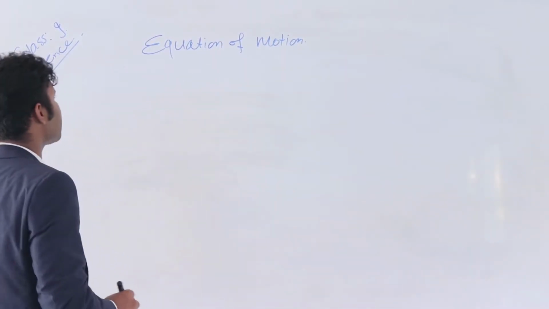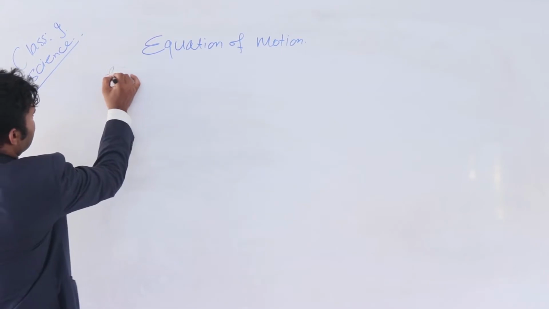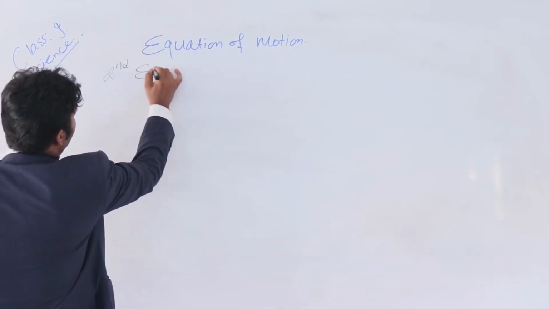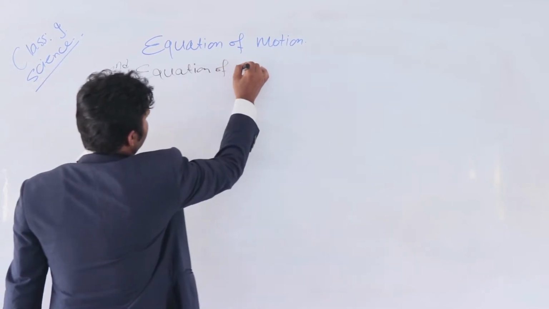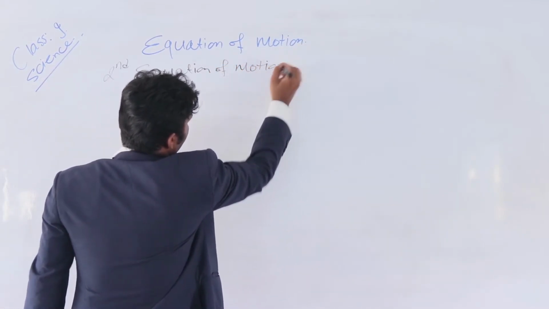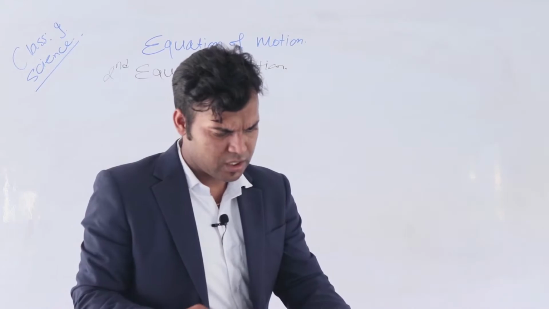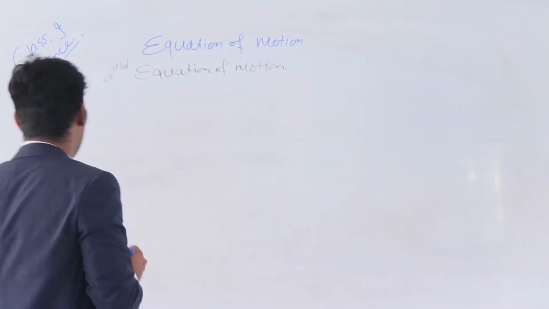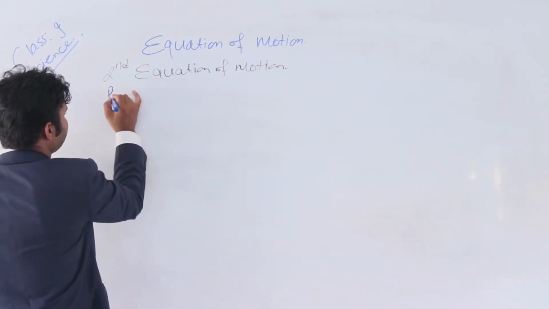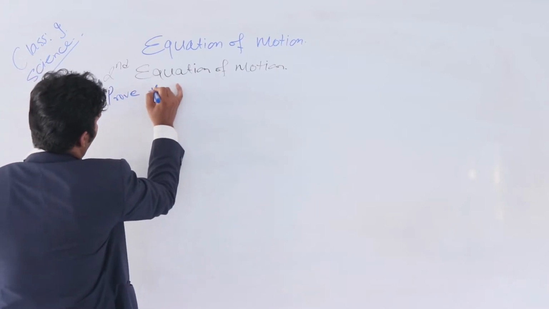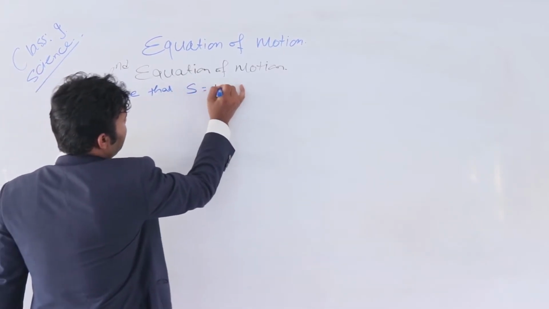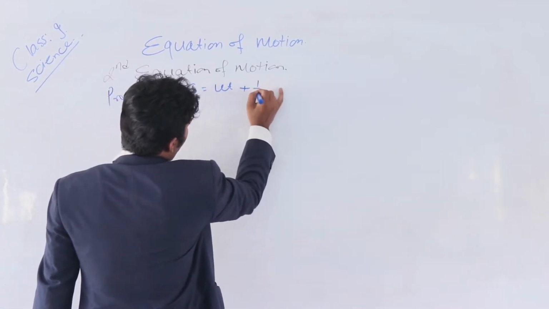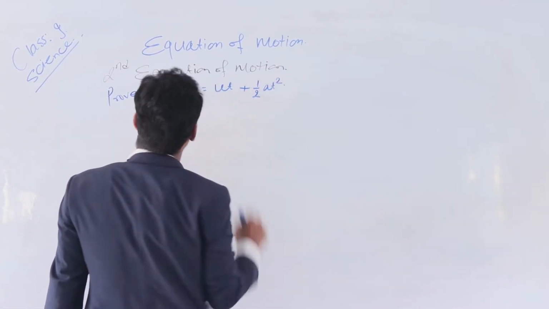Now we turn to the second equation of motion. It may be asked in your examination: prove that S is equal to ut plus 1 upon 2 at square.